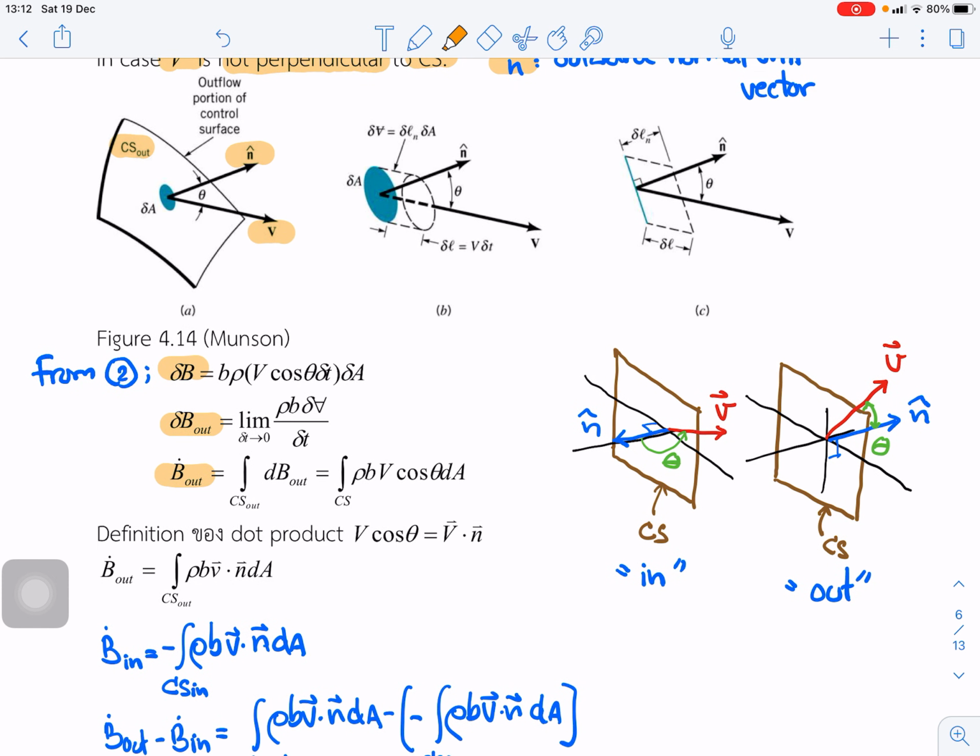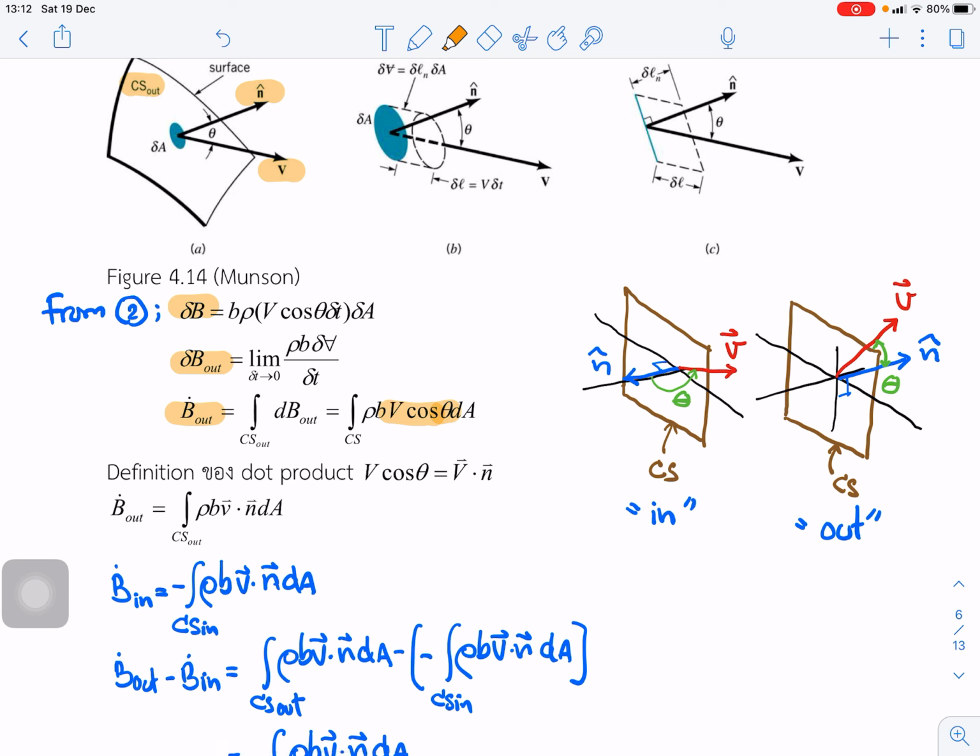You can see V cos theta. By the definition of the dot product, V cos theta equals V dot n.